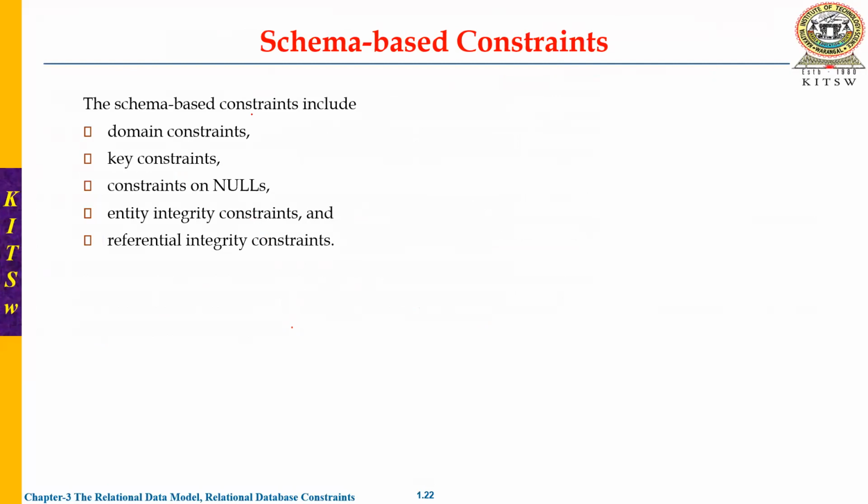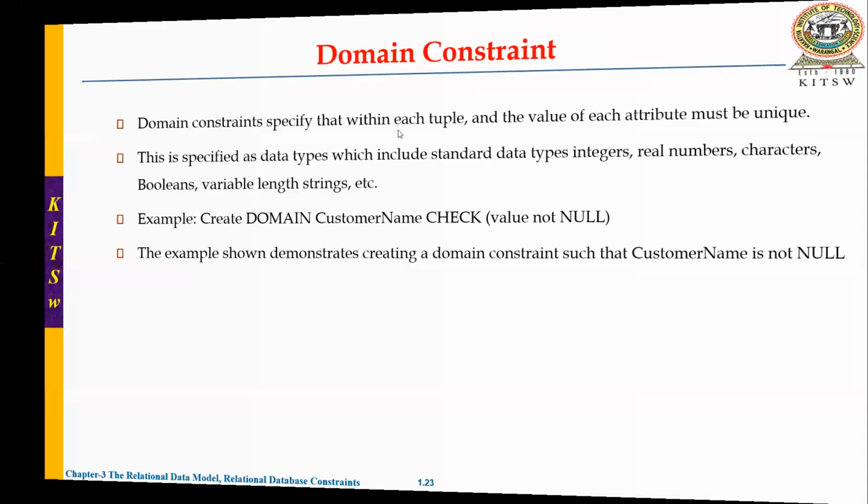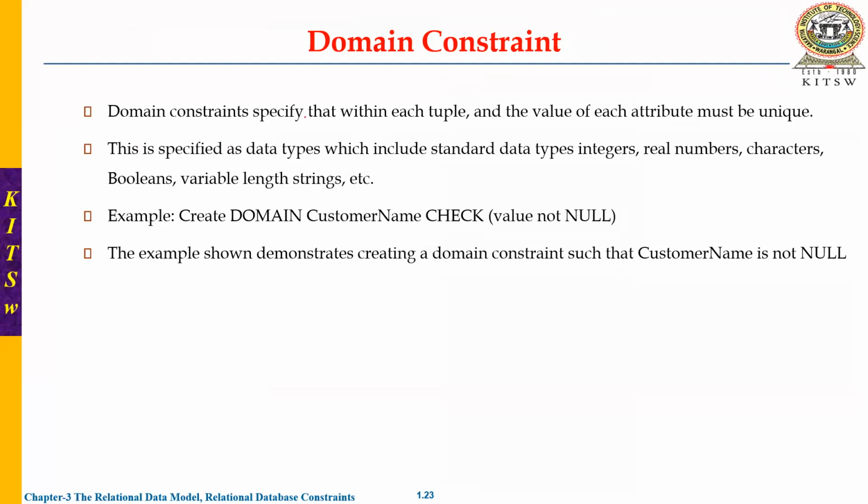Schema constraints include domain constraints, key constraints, constraints on nulls, entity integrity constraints, and referential integrity constraints, and all these constraints we have already done in the laboratory session. That is nothing but imposing some rules onto your particular attributes. The domain constraint specifies that within each tuple, the value of each attribute must be atomic.